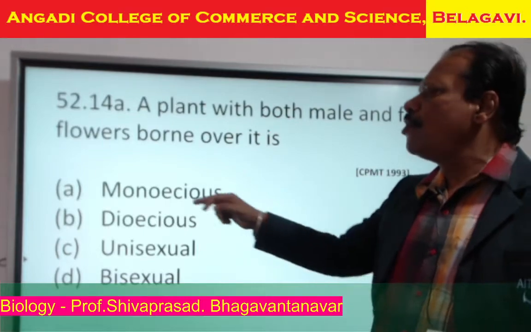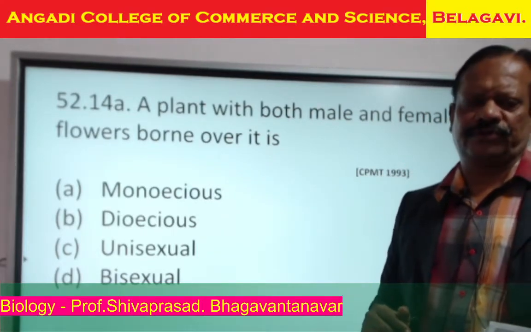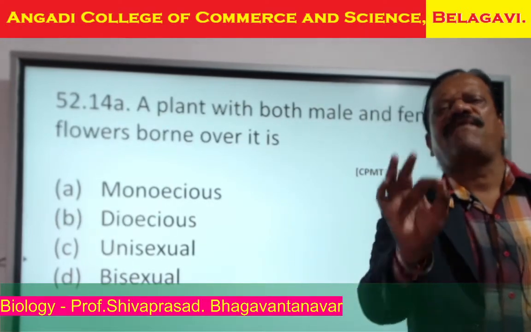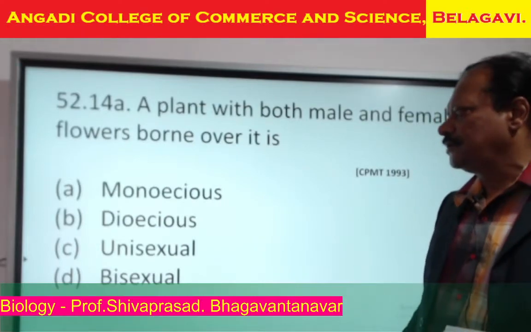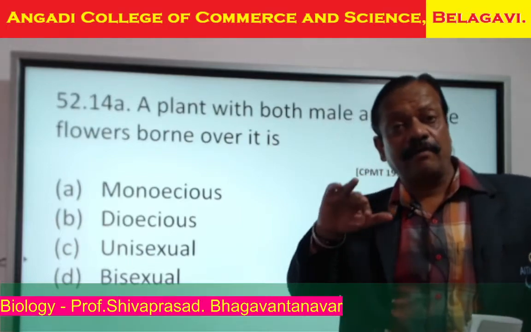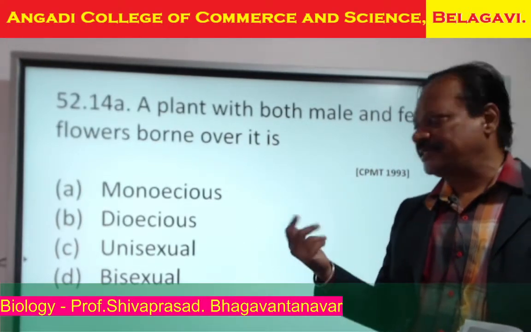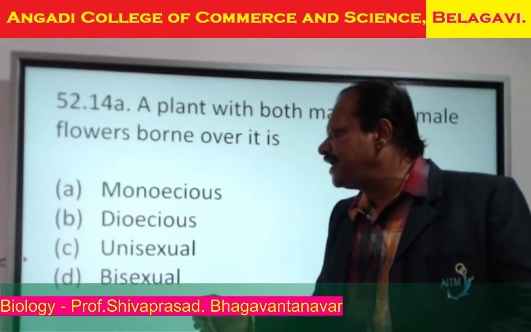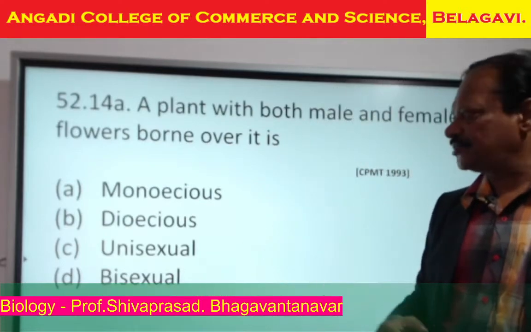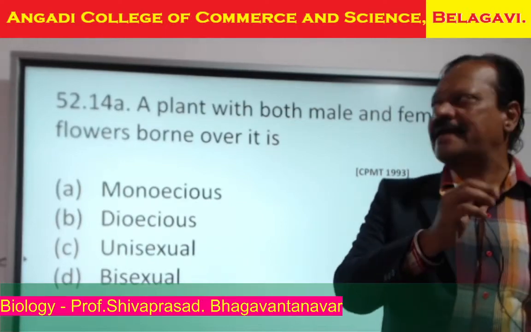So, monoecious in the sense, bisexual flowers are produced. In case of this, male and female both are found in the same flower. Then you are calling it as monoecious. Dioecious, either male plant or it is a female plant. In the sense, unisexual. Then C is unisexual directly there given and D is bisexual. Here, option A, monoecious is the right answer.